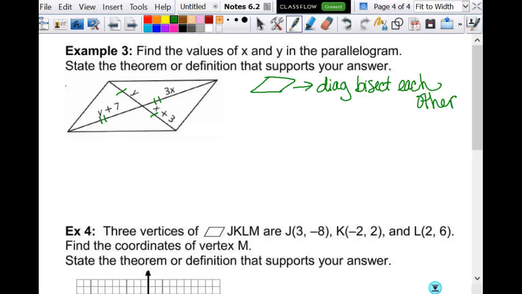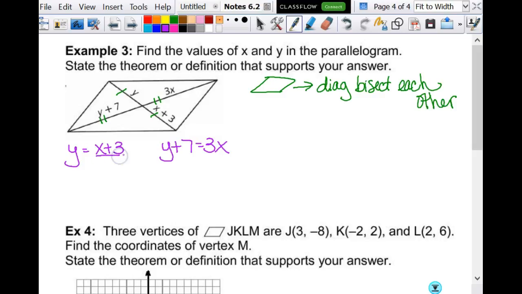There's my justification. So then I set it up. I can say that y equals x plus 3 and y plus 7 equals 3x. And what do I have here? A system. Okay, and do you think that this system would be easier to do substitution or elimination? Substitution. It's a matter of opinion, but if you wanted to do elimination, you'd have to move things around, and it's really nicely set up for substitution because it's set equal to y.